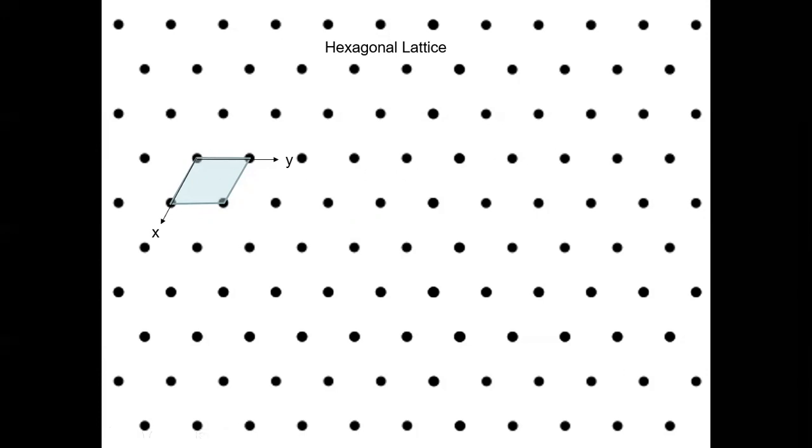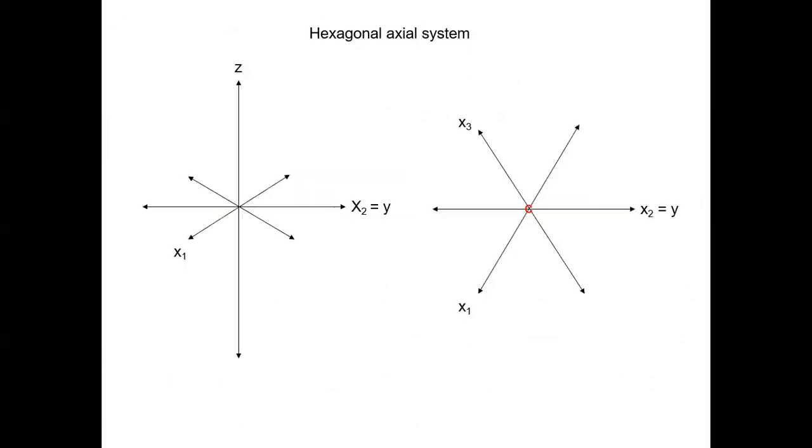The last slide here I'm going to show you is the axial system for the hexagonal. So I've got z oriented in the left image vertically, and you'll see the x1 axis, the x2 axis, and the horizontal x3, a 3rd x-axis. That is simply the result of symmetry.